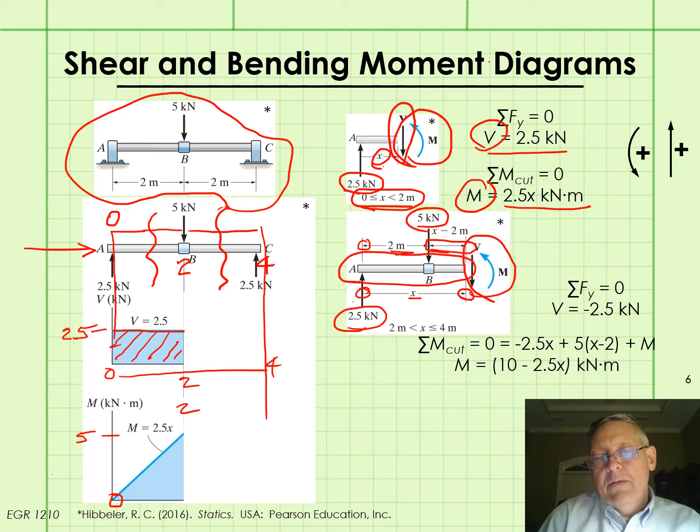Okay, so you need to look at this free body diagram closely and make sure you understand what's going on here with the distances. X is always going to be the distance from the left end of the beam to the cut.